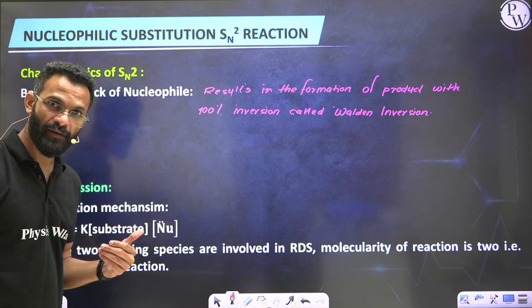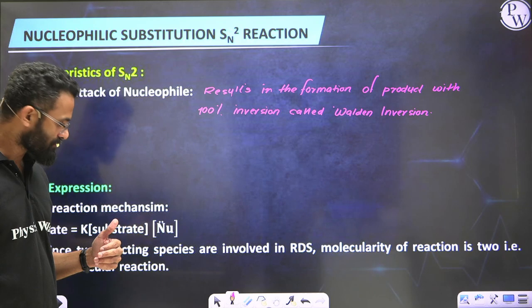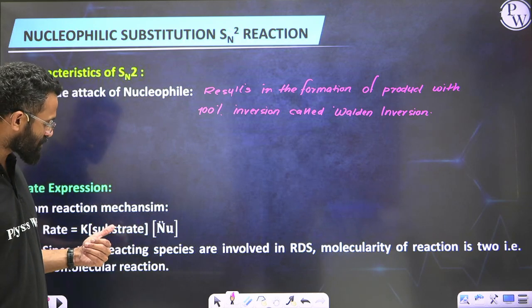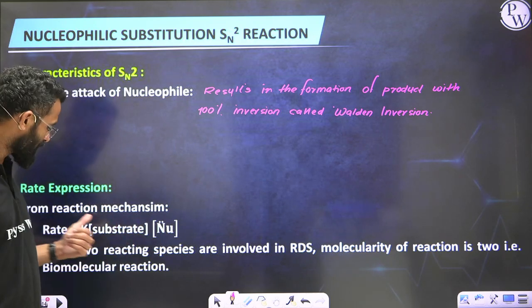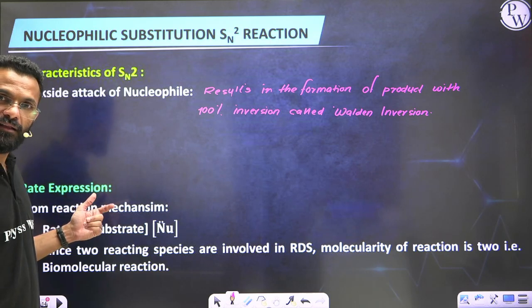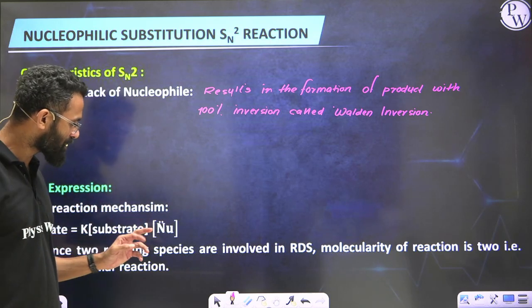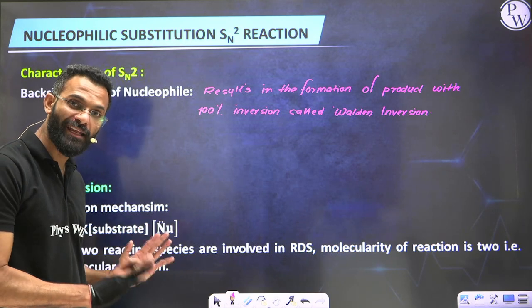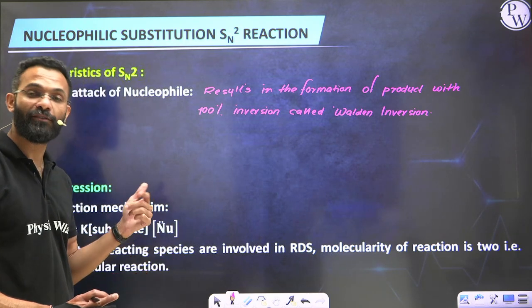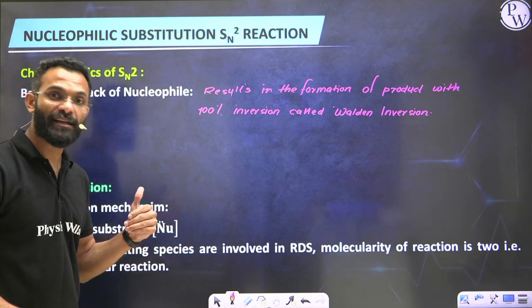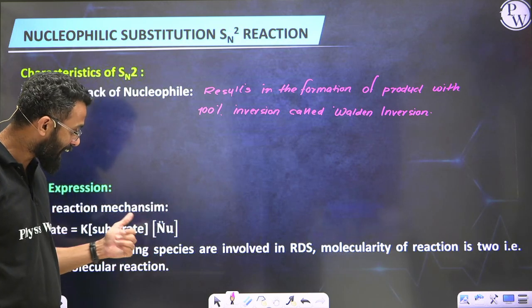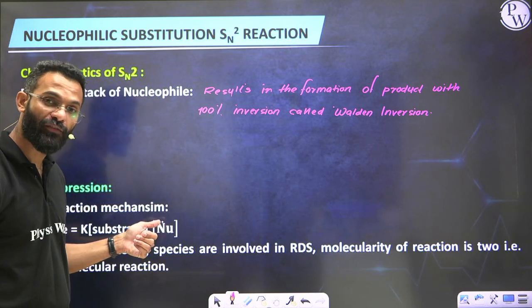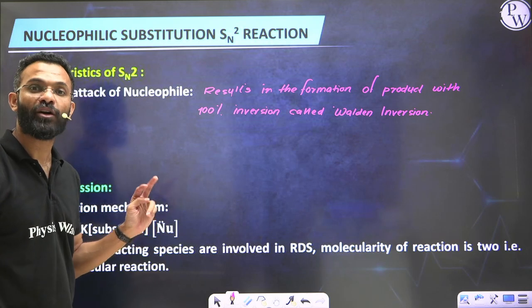So for example, if I double the concentration of substrate only, the rate of reaction will double. If I double the concentration of nucleophile only, keeping substrate the same, the rate will also double. If I double the concentration of substrate as well as the concentration of nucleophile, then the rate will quadruple.